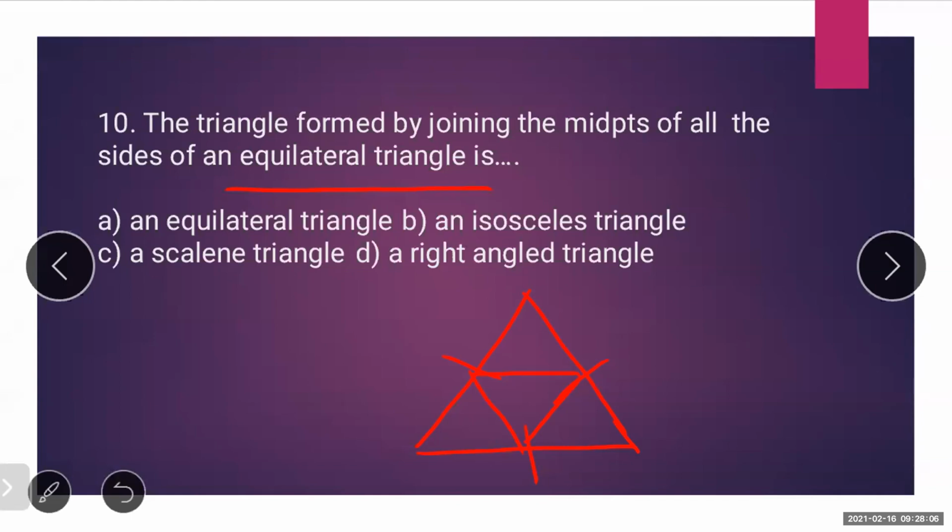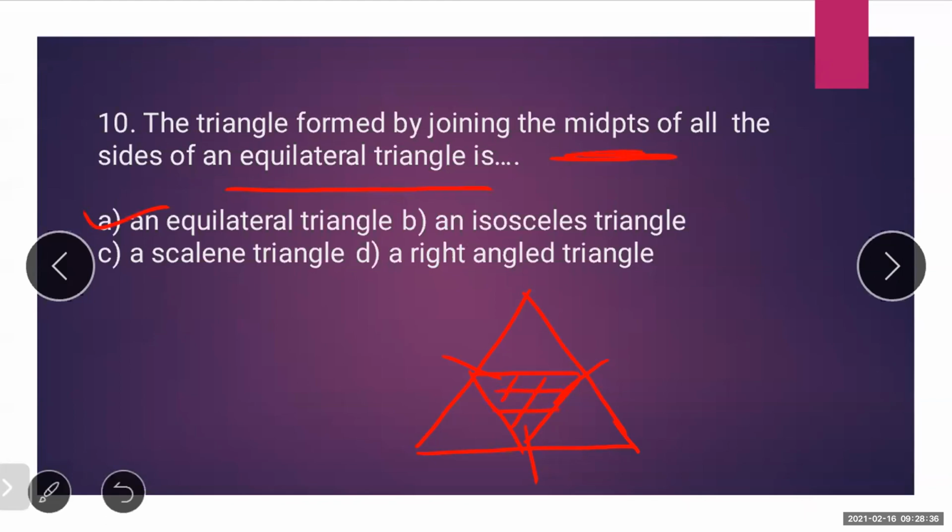So students, here one hint is given: the given triangle is an equilateral triangle. So if the midpoints of all the sides are joined, then whatever triangle is formed at the center will also be an equilateral triangle, because this triangle is formed by joining the midpoints.